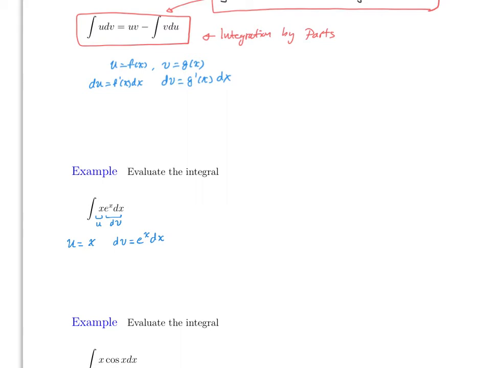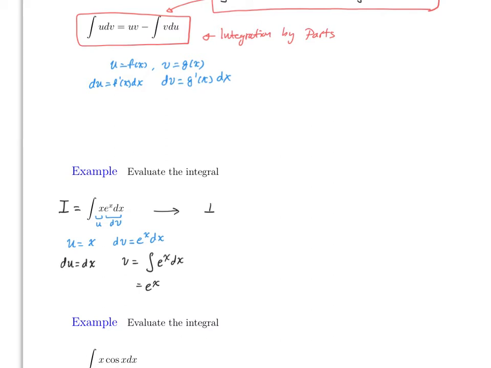Again, for the first one you take the derivative, so this will be du, which is clearly just dx. And here v will be the integral of e to the x dx, which is just e to the x plus some constant. You don't have to worry about the constant until the very end, so for now you just write e to the x. That's perfectly fine. From here, I'm going to use I a lot of the time, just for the integral we're dealing with at that point.